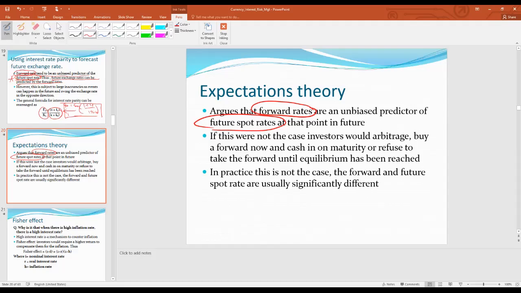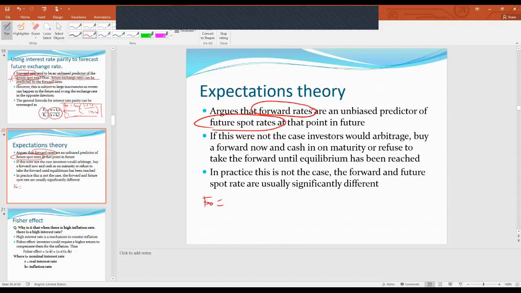Don't forget the forward rate was explained by the interest rate differential, and the future spot rate was explained by the inflation rate differential. So in this theory, it is possible for us to use the interest rate differential to explain the spot rate.